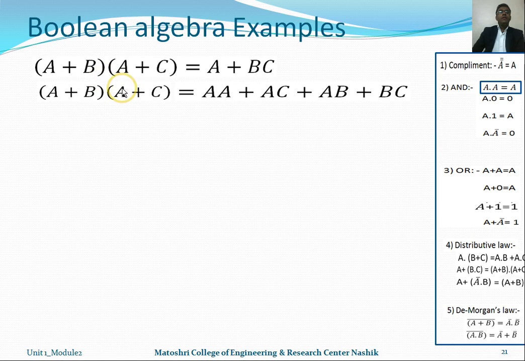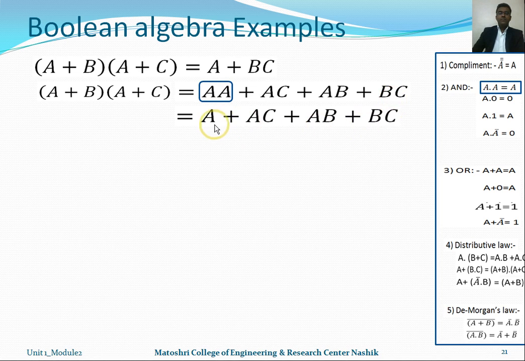So A and A, then A and C, A and B, and B and C. But A and A gives the output A. So from the first A and A, we get A. The remaining terms are the same.